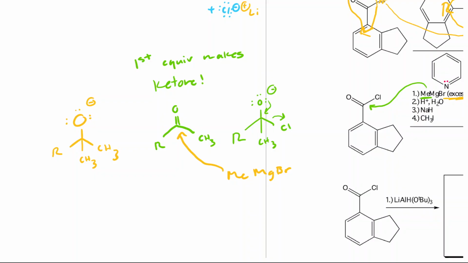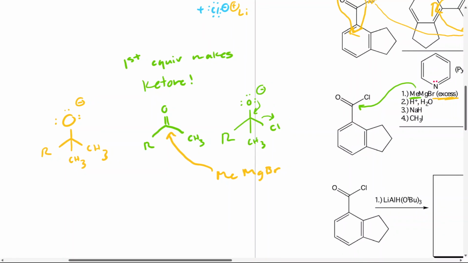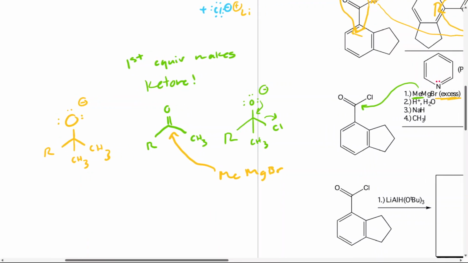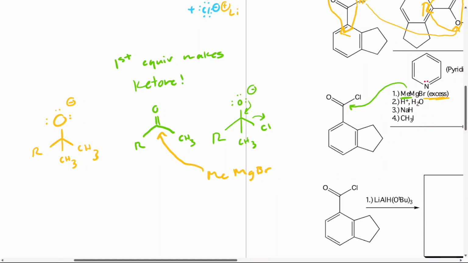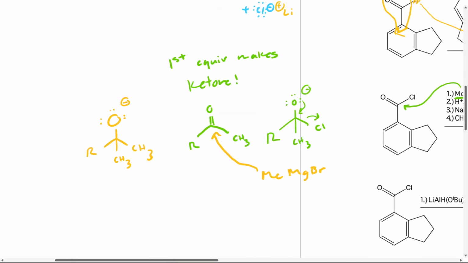Okay. Then the oxygen is not happy. And you might think to make it happy, we can push down a pair of electrons and kick something out. But none of these are really good leaving groups.